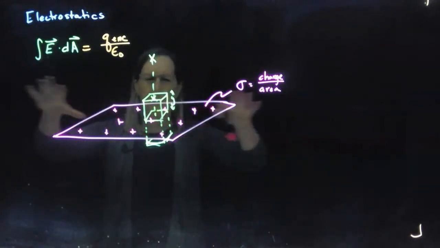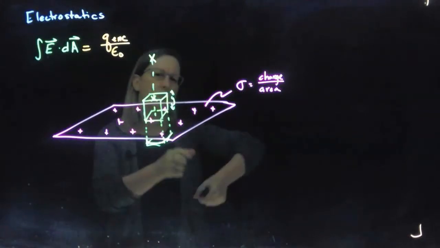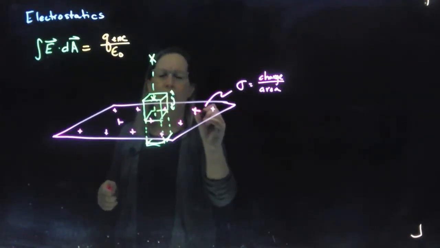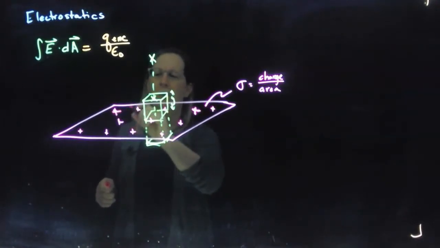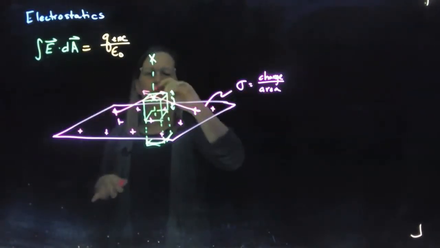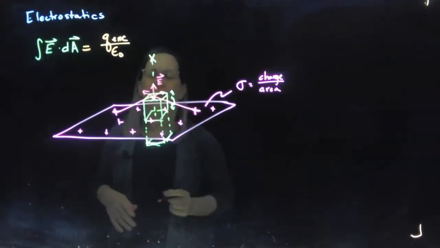So on our Gaussian surface, the first thing we need to ask is what is the direction of the electric field? And if this is a really big plate, we can do the same sort of thing we did with a really long wire. That is, if I look at a charge over here and I compare it to a charge that's balanced over here, the electric field due to both of these, the side parts are going to cancel out, and all I'm going to have left is an electric field that's up.